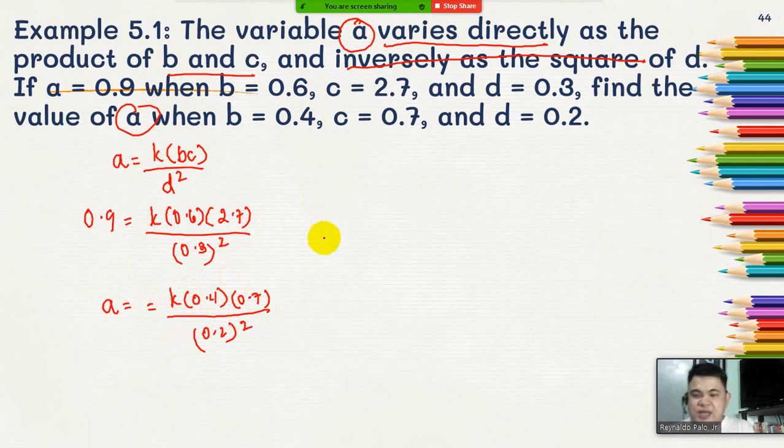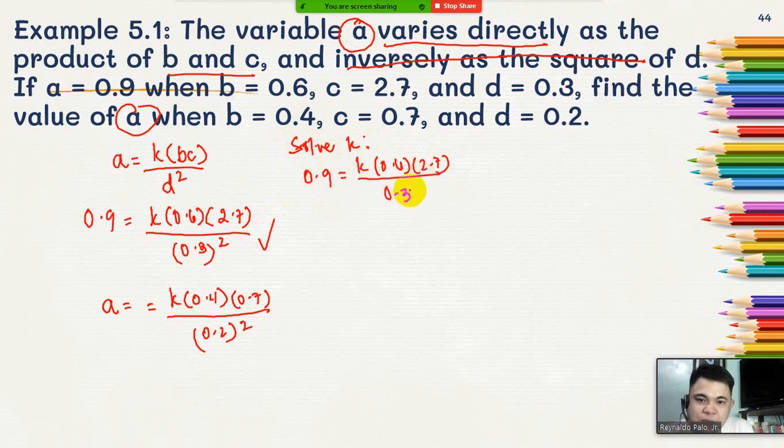Then the next thing is we can now solve for the value of k. Using the first equation, 0.9 equals k times 0.6 times 2.7 over 0.3 squared. First thing that we have to do is to simplify.